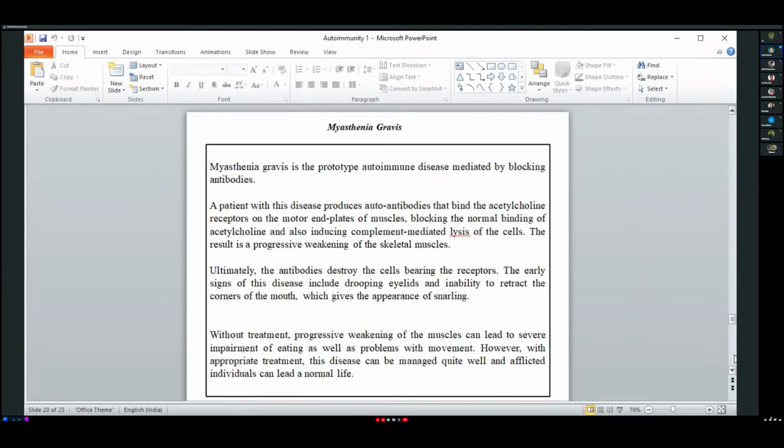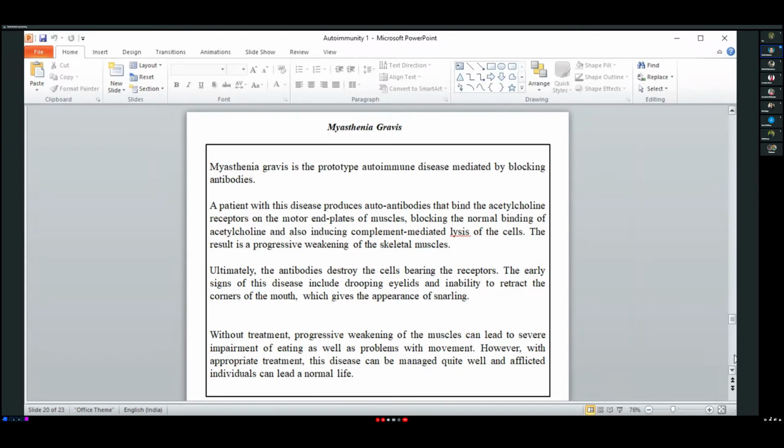Thus, it prevents the flow of acetylcholine in the neuromuscular junction, and these antibodies destroy the cells bearing the acetylcholine receptors. As a result, neurotransmission comes to a halt.